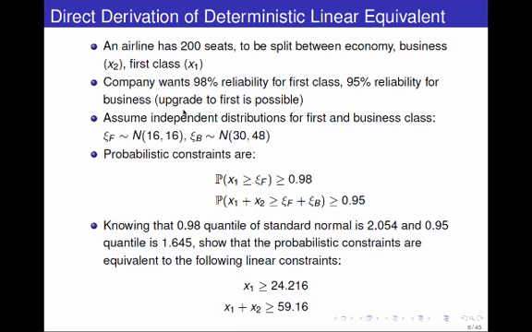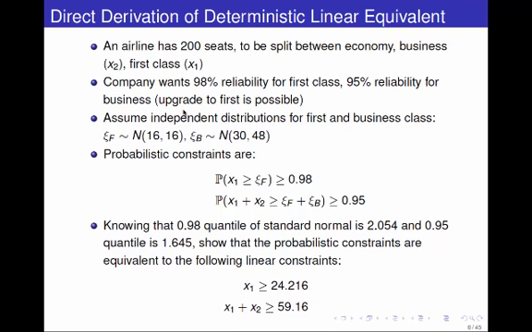So one way to write that up is you want to say the chance of not being able to serve a first-class customer. So Xi_f is the number of first-class customers that show up that day. x1 is the number of seats I've decided to allocate for those people. I want the probability of the number of seats being more than the number of first-class customers to be at least 98%.